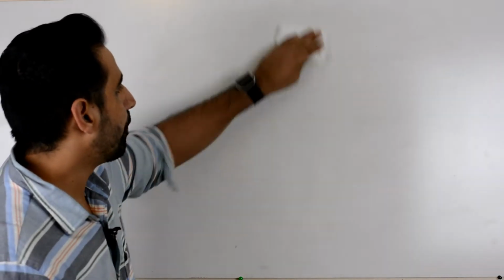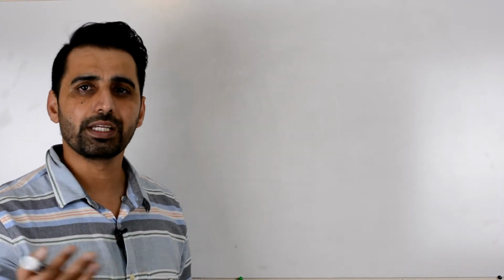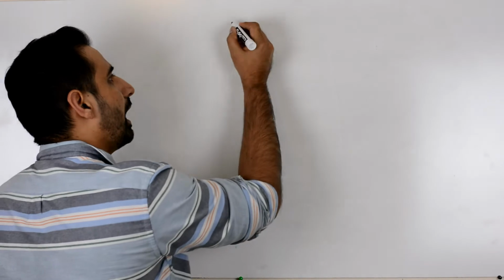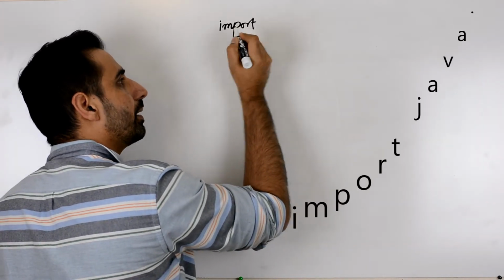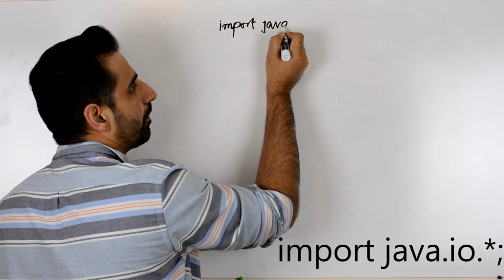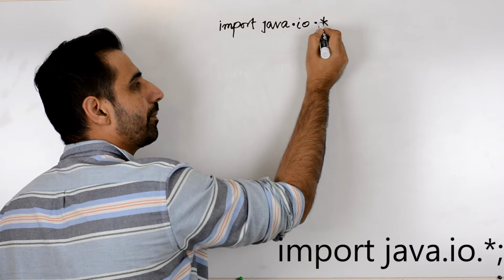Whenever we have to write a program in which it has to accept a value from a user through the keyboard, the first thing we have to write in our program is import java.io.*.